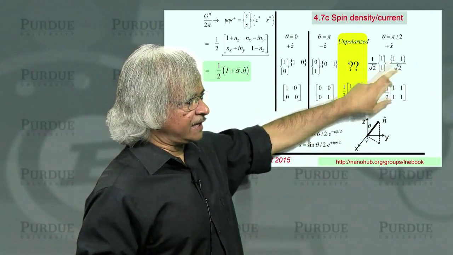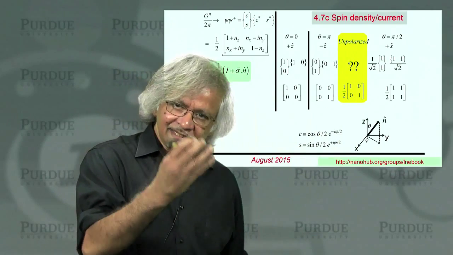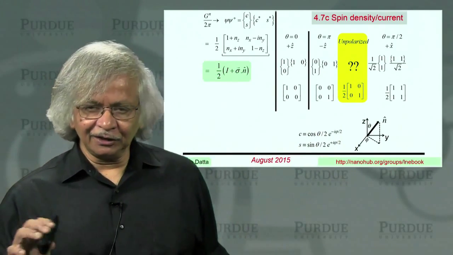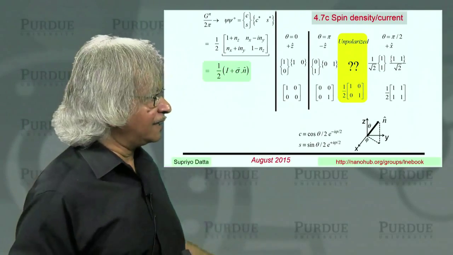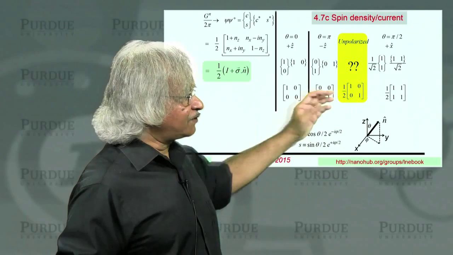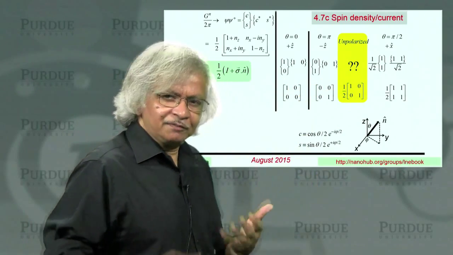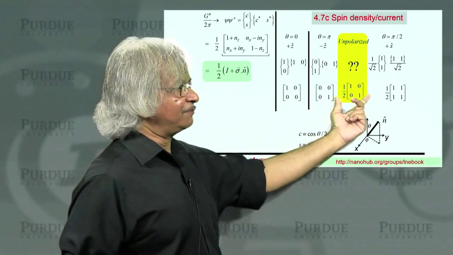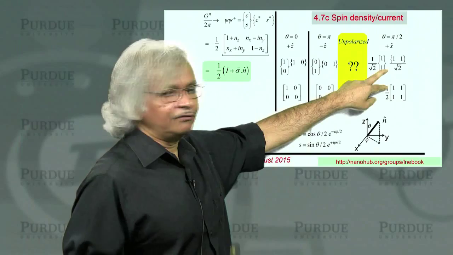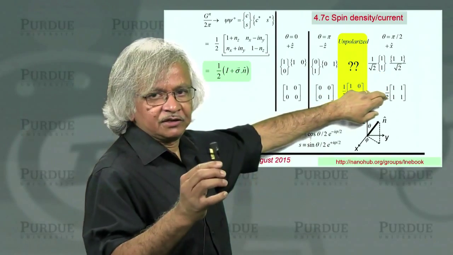The same with plus X. But in this case, if you put an analyzer in the X direction, even then, only 50% would get through. What you can show is this is 50% plus Z, 50% minus Z, but it's also 50% plus X, 50% minus X. Those are all basically the same thing. On the other hand, here, if you put an analyzer in the X direction, 100% would get through.